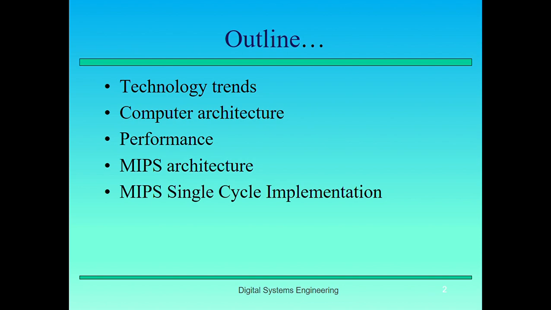First, we will discuss technology trends in computer design. Then we will discuss computer architecture, performance of computers, and as an example, we will discuss MIPS architecture and MIPS single cycle implementation.